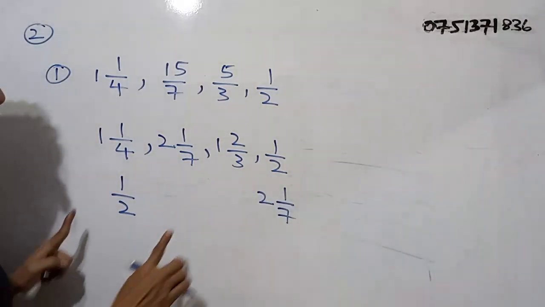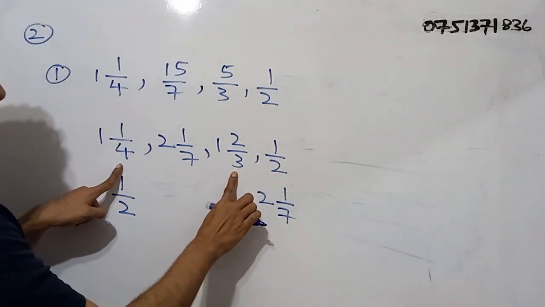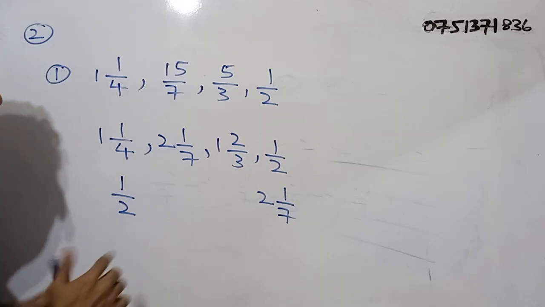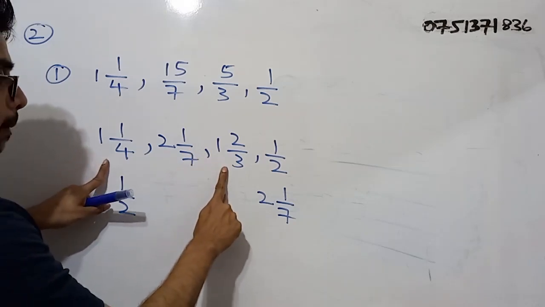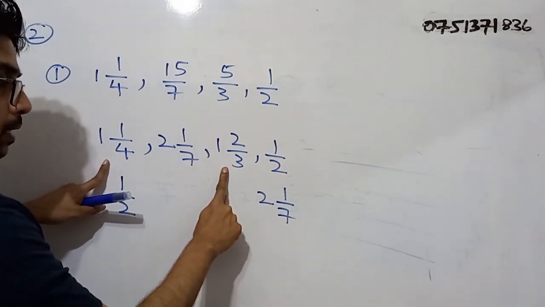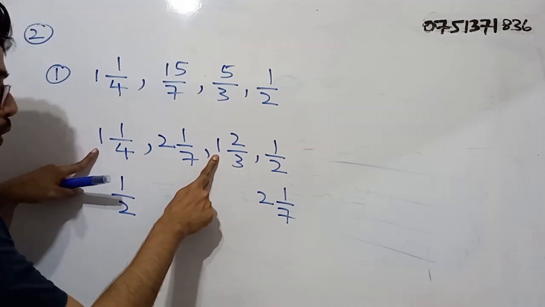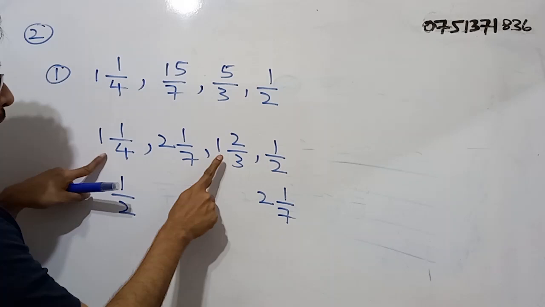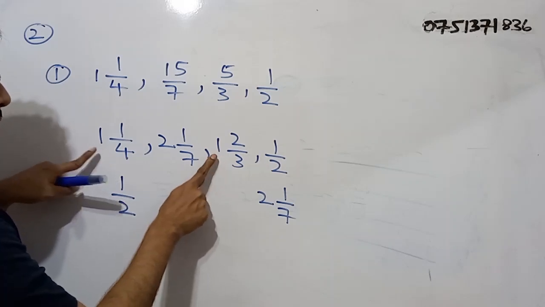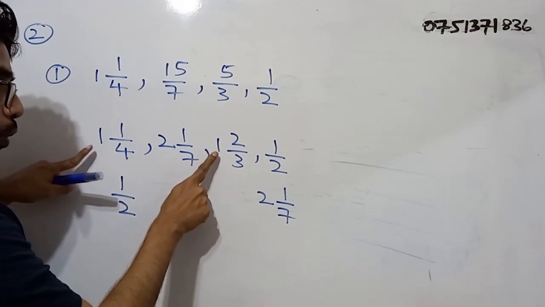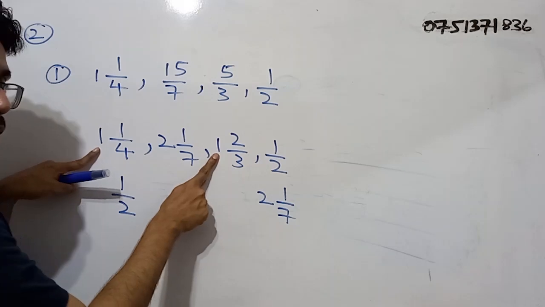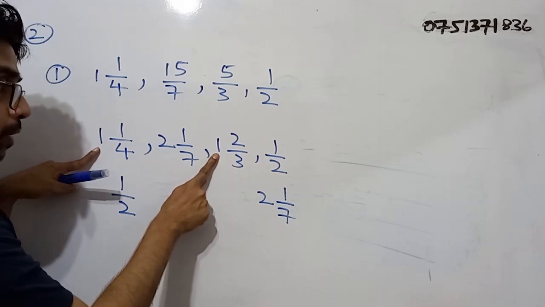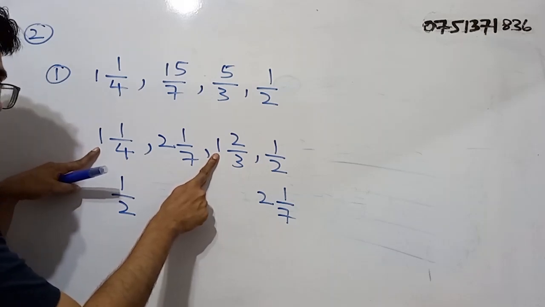Now we have to figure out of these 2 fractions, which one is the larger one, right? So remember, we are comparing mixed numbers. Every mixed number has a whole number part and a fraction part, but unfortunately we cannot compare these 2 fractions considering their whole number part, because the whole number part of both of these fractions is the same, which is number 1.